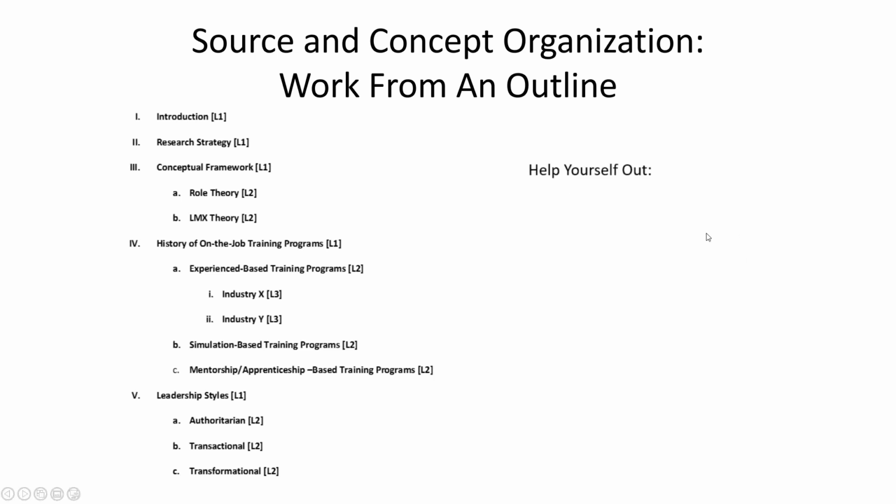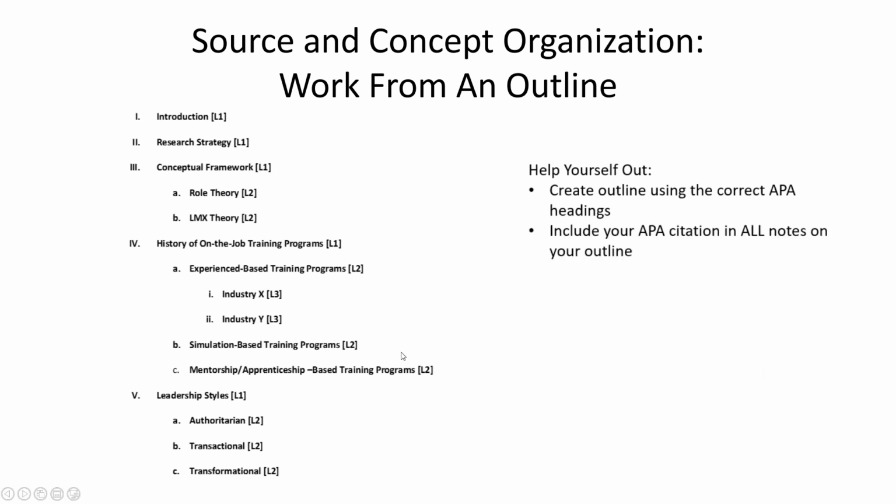You can help yourself out here. I recommend putting the outline in correct APA headings so that you understand the hierarchy of information. You want to make sure you understand what is a main point and what is a sub point to that main point, so you have that hierarchy of information set out for you right away. I also recommend that as you begin to build this outline, you're going to start to have bullet points.